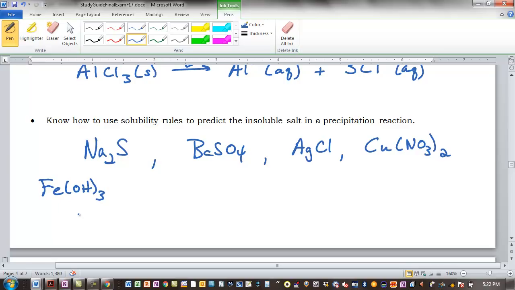Okay, so we're going to identify whether each of those is soluble or insoluble in water. Okay, so you will have the solubility rules. You don't have to memorize those. Let me just pop them out of the book here. So I don't think I brought a list with me.